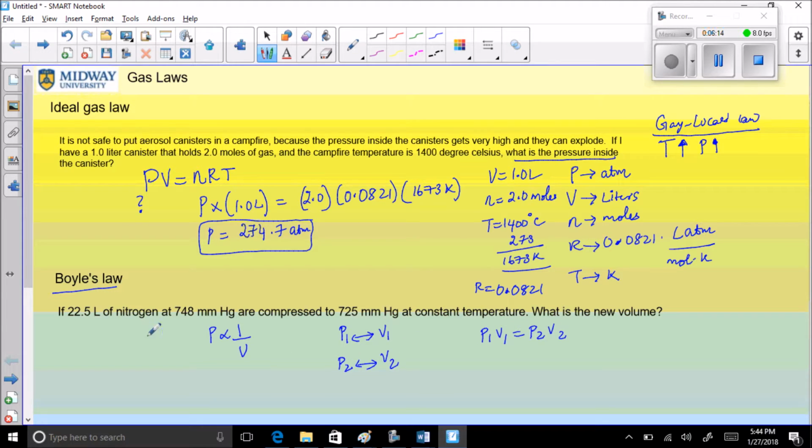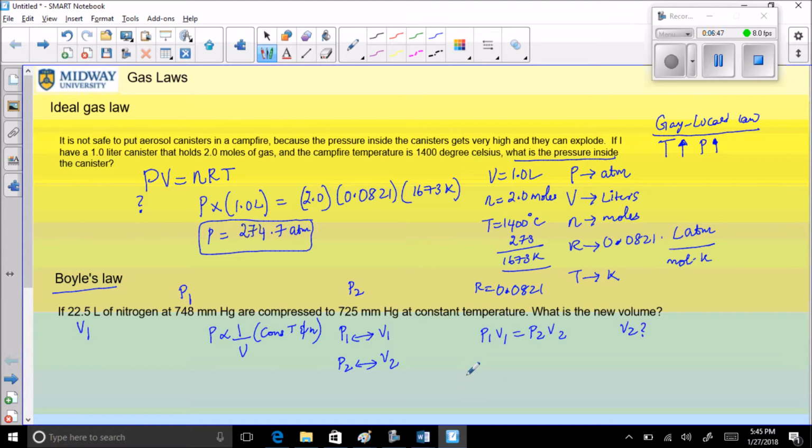P1 V1 equals P2 V2. V1 is the volume at pressure 1, V2 is the volume at pressure 2. Now if 22.5 liters of nitrogen at 748 millimeters of mercury are compressed to 725 millimeters of mercury at a constant temperature, remember this is at constant T and n, what is the new volume? This is where you start: this is your V1, this is your P1, this is your P2, and you're asked to find V2.